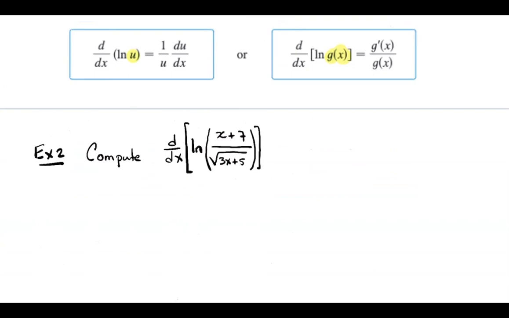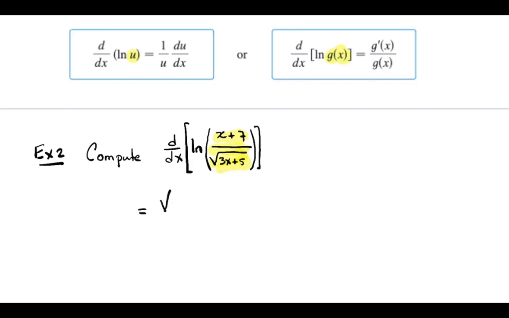Let's take the derivative with respect to x of the natural log of x plus 7 over the square root of 3x plus 5. What have I done? I've given you some elaborate g of x. G of x is this quotient, x plus 7 over the square root of 3x plus 5. Let's use the formula above. The derivative of that thing is 1 over it. 1 over a fraction is just the reciprocal of the fraction.